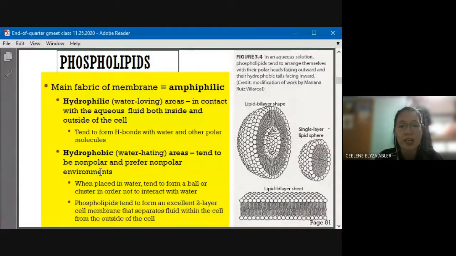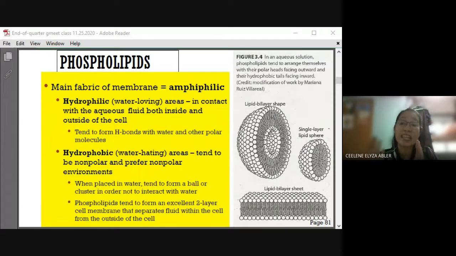But for here class, you just need to understand that there are two parts kung saan haharap ang iyong phospholipid na bilayer. Mayroon siyang hydrophilic na region, the one that loves water so much, and the one that is actually hydrophobic na region, the one that hates water so much.